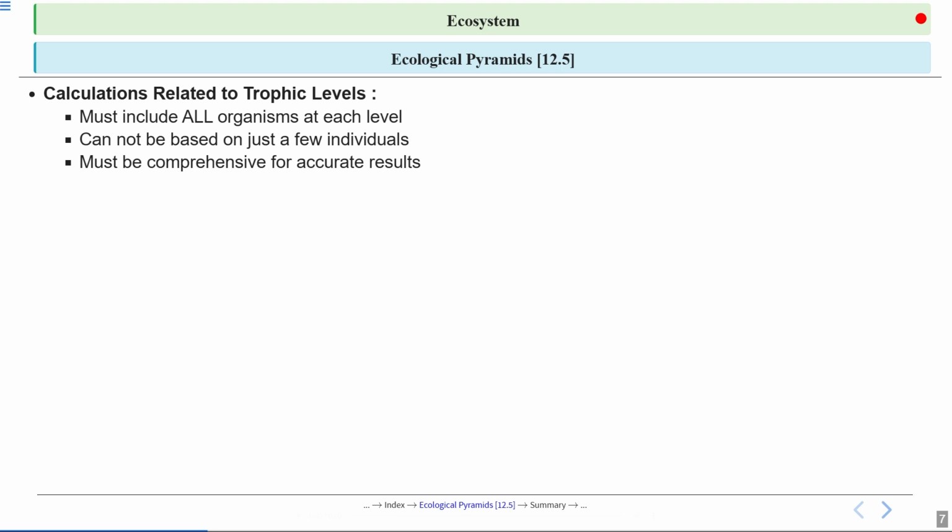Next, the study must be comprehensive for accurate results. It means your study needs to be thorough, accounting for all the complex relationships in the food web, not just a simple straight food chain. This includes organisms that eat from more than one trophic level, like omnivores.